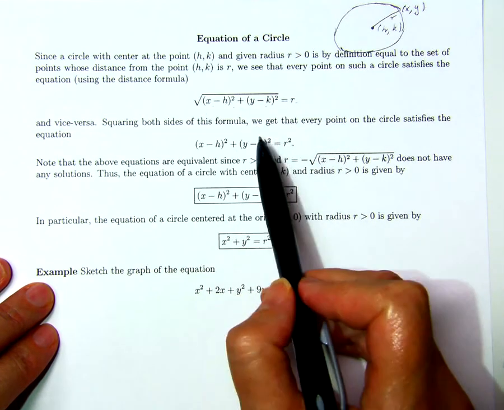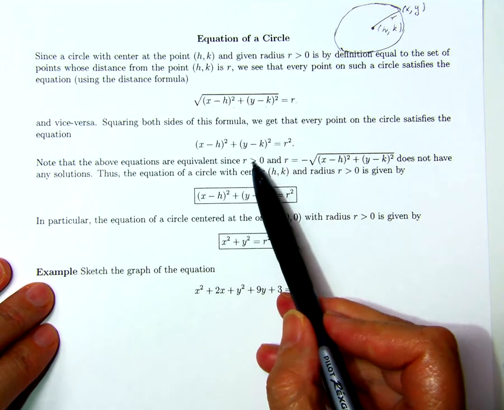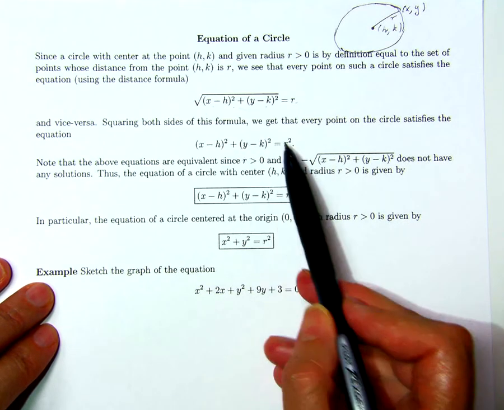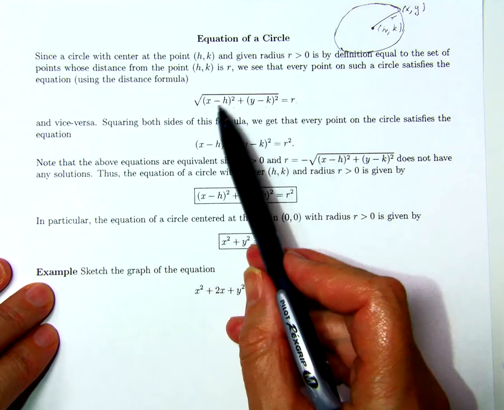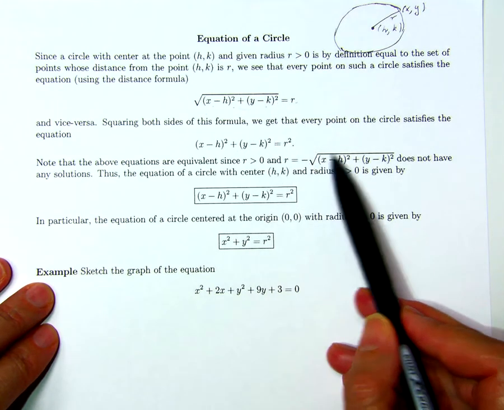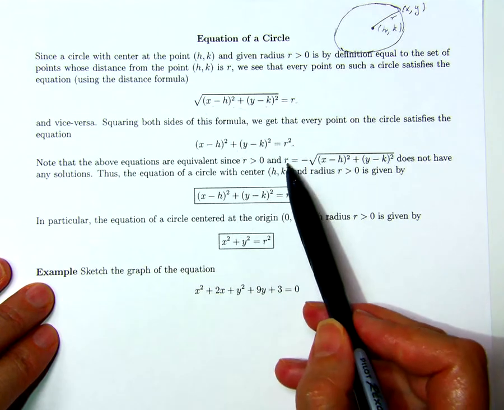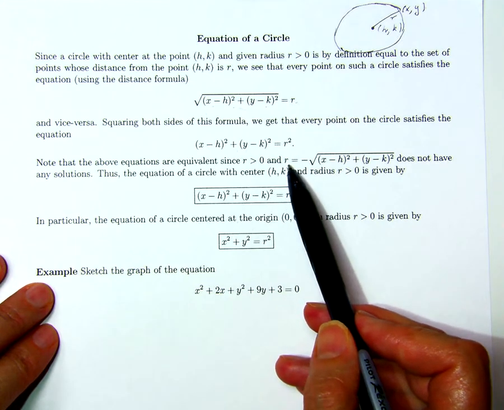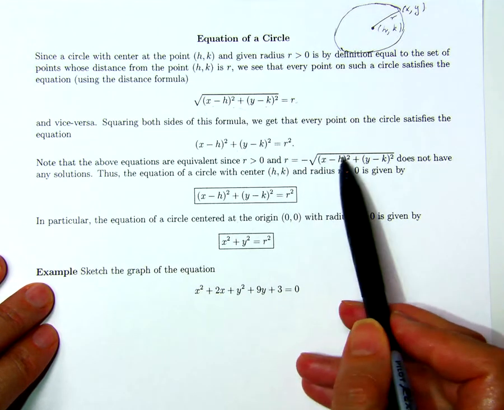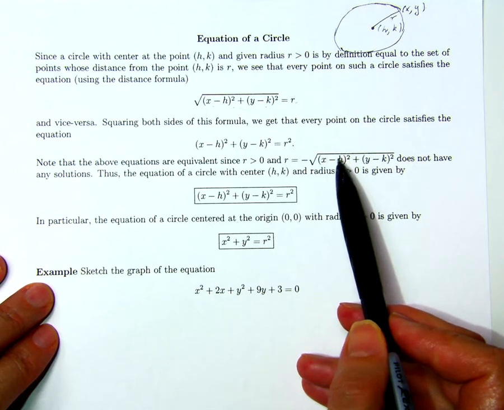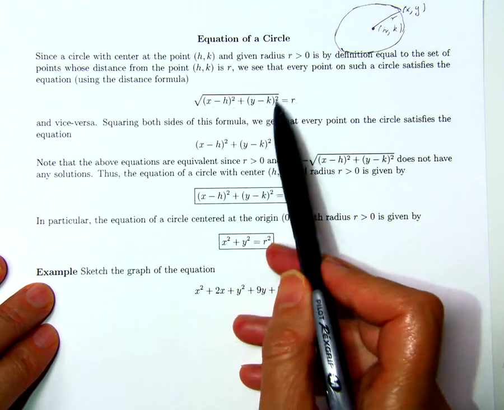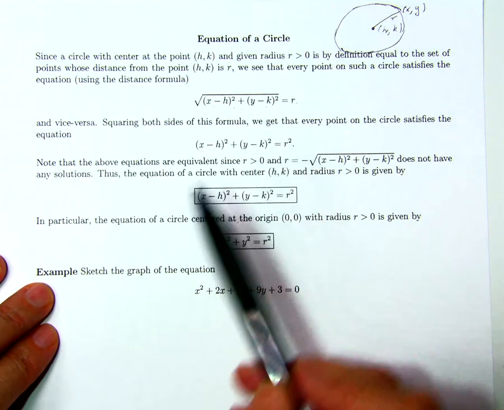However, in this case they are, because r is positive. The only solutions would be either of this form, or r equals negative the square root of the left-hand side. But since r is a positive number, we have nothing of this form, and so all of the solutions are solutions to this equation. So these are equivalent equations.